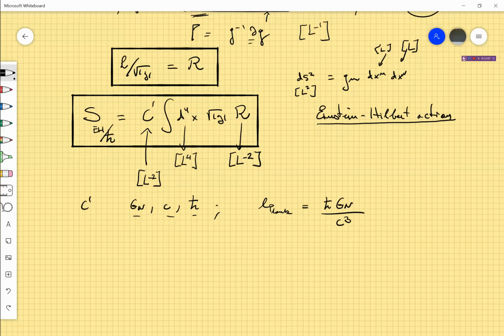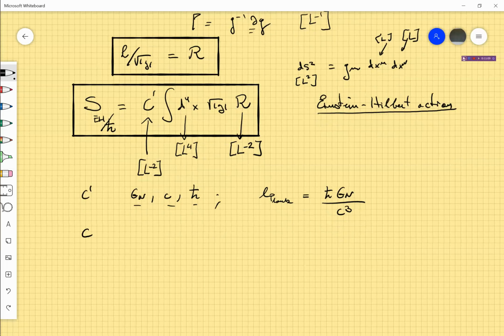So C prime should be given by something like this, up to a normalization constant which is conventional and which is usually chosen to be 16 pi. So the C prime is actually 1 over 16 pi L_P squared.